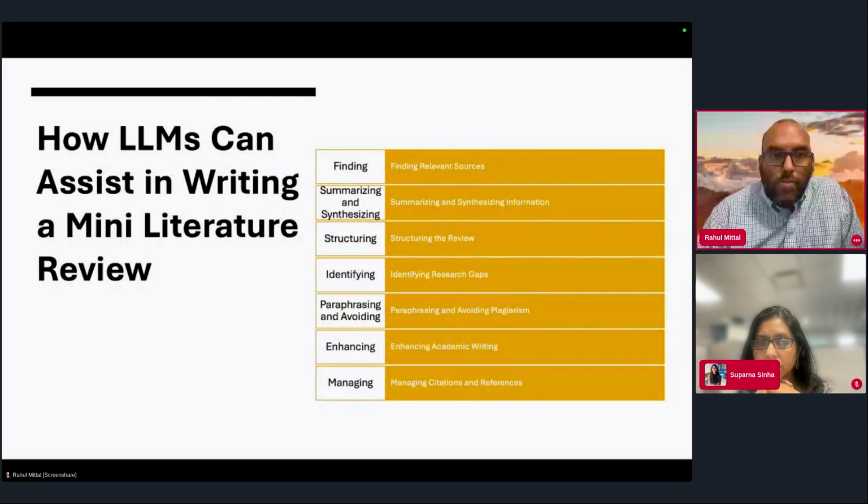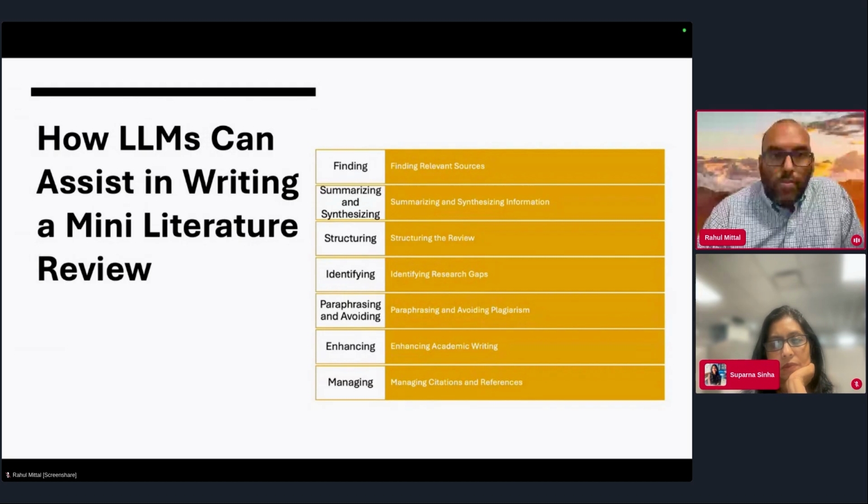So how LLMs can assist in writing a mini literature review is they can generate queries for databases like PubMed. They can use AI tools to summarize key findings, extract key points and methodologies, and help with structuring the review, and also provide a scaffold to help the students, especially ones who haven't had previous research experience.